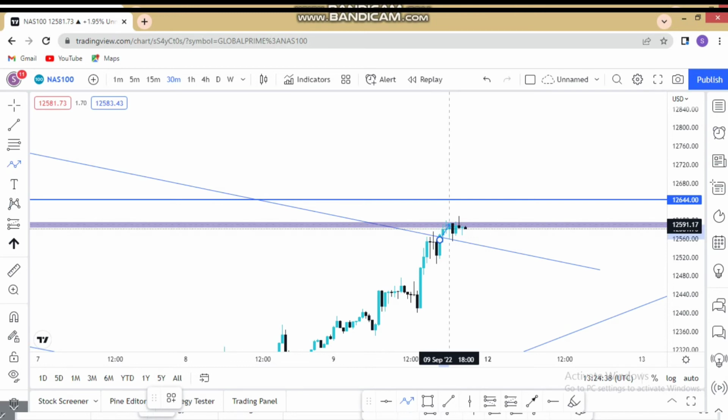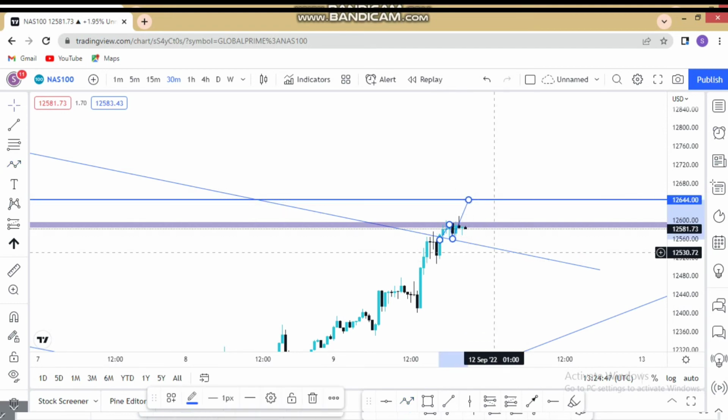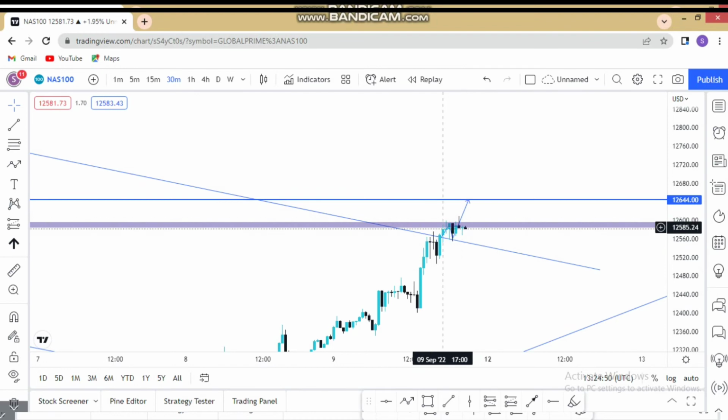NASDAQ turned to that resistance, respecting the resistance, then came to a retest. Now just expecting the market to finish off what it was doing. But as you can see, this resistance that we have here is actually strong, and I'm just hoping NASDAQ is able to break that point.